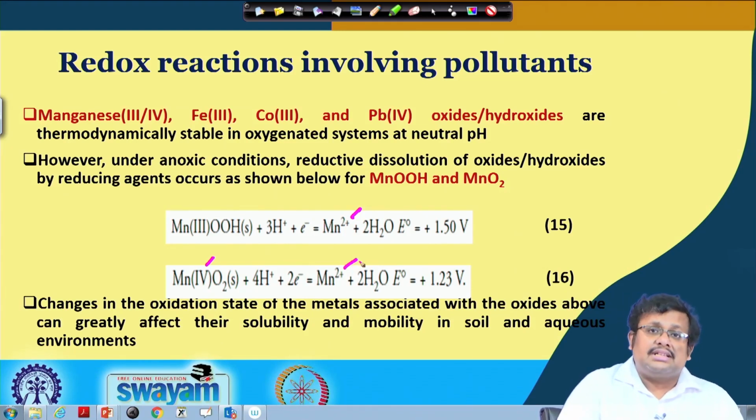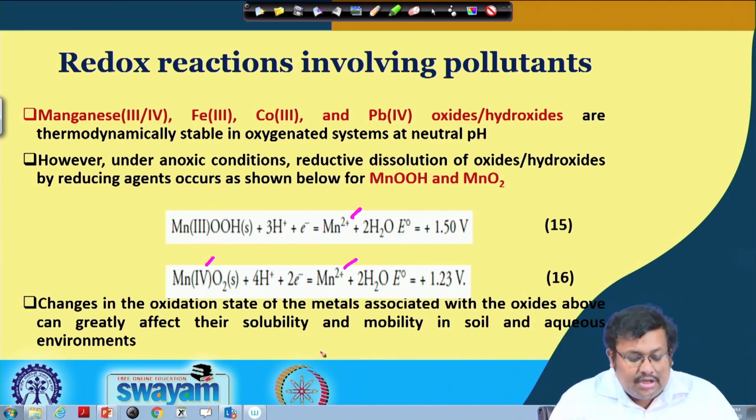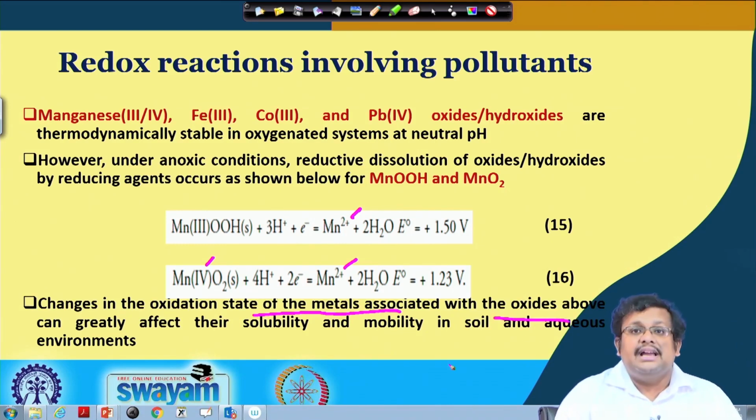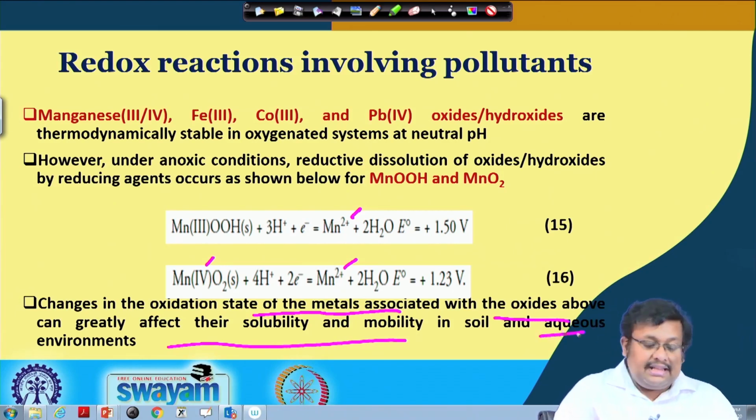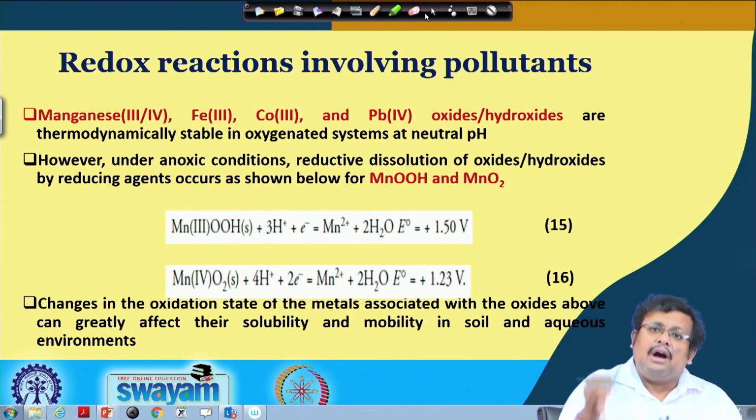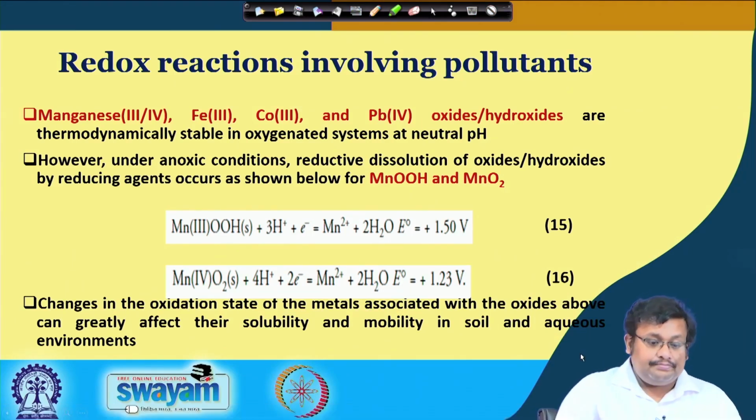You can see in both these conditions the oxidation number gets reduced, that means they are getting reduced. So, changes in the oxidation state of the metal associated with the oxides can greatly affect their solubility and mobility in soil and in the aqueous environment. How this happens, we will see.